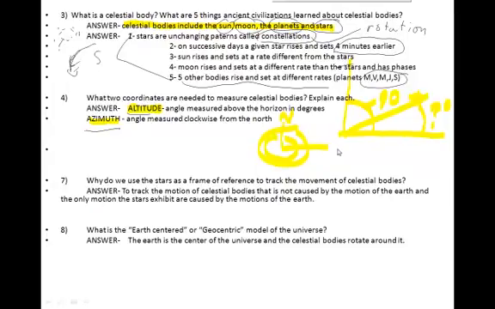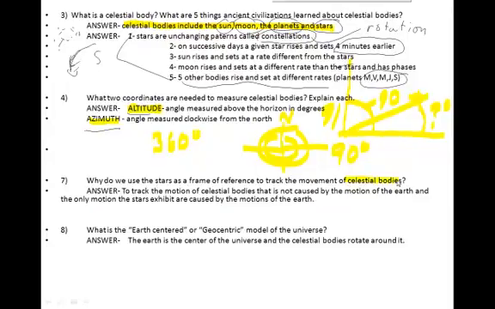So this would be 90 degrees azimuth, this would be 180, this would be 270, and then back to north again would be 360. So there's no such thing as a 360 degree azimuth, and there's no such thing as a 91 degree altitude.